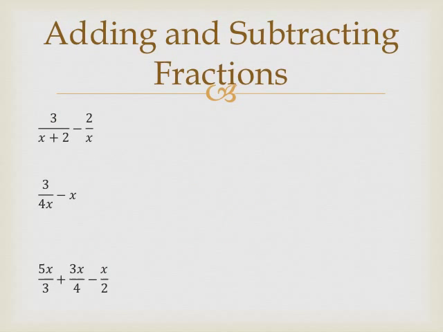Alright, so we're going to keep going with the adding and subtracting, but now these have kind of like algebraic denominators. So I feel like in this first example, can I add them? No, they don't have the same denominator. So what do I have to do? Well, I have to get a plus 2 on that second denominator, right?